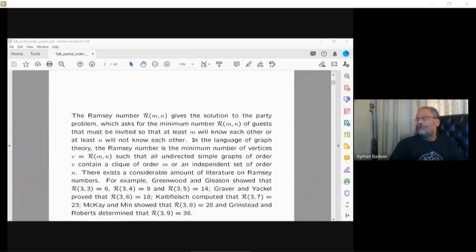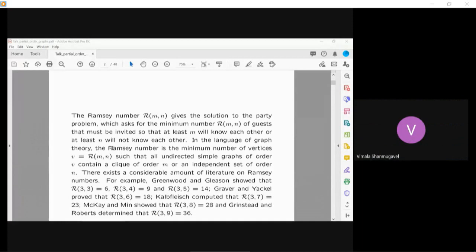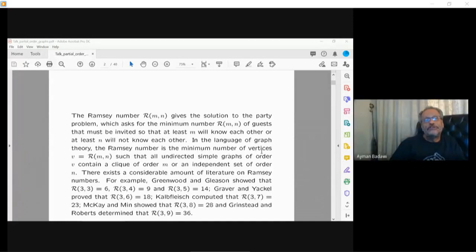In the language of graph theory, R(M,N) is the minimum number of vertices V such that every undirected simple graph of order V has a clique of order M or an independent set of order N. That's exactly what we mean with R(M,N).